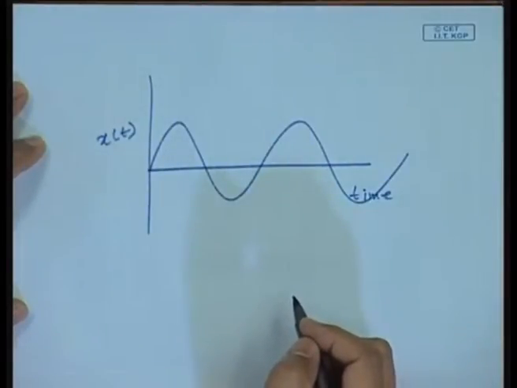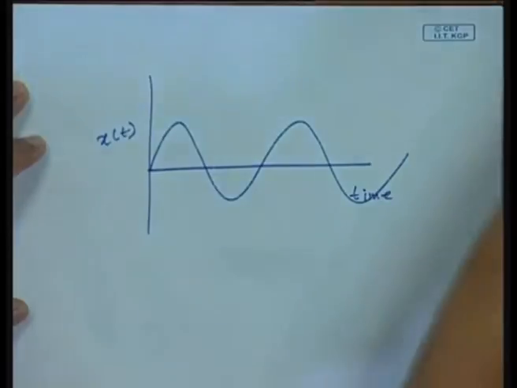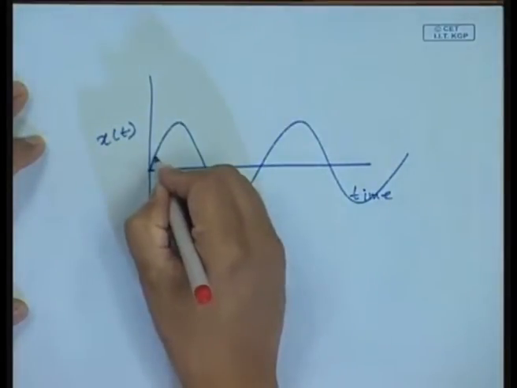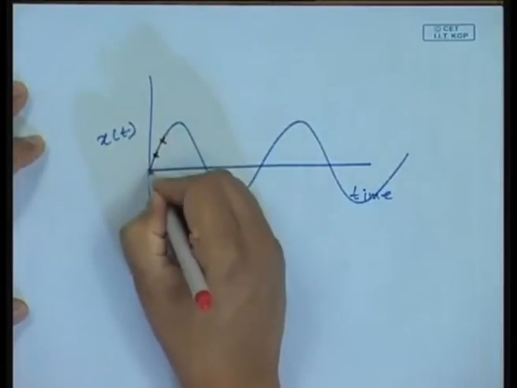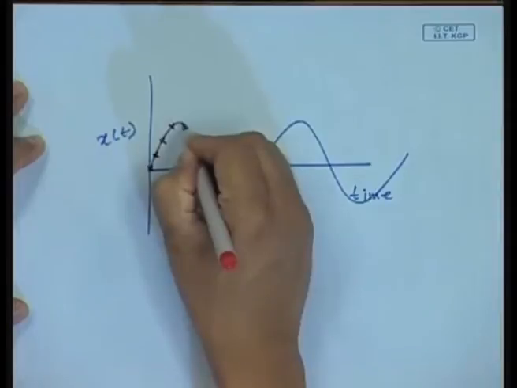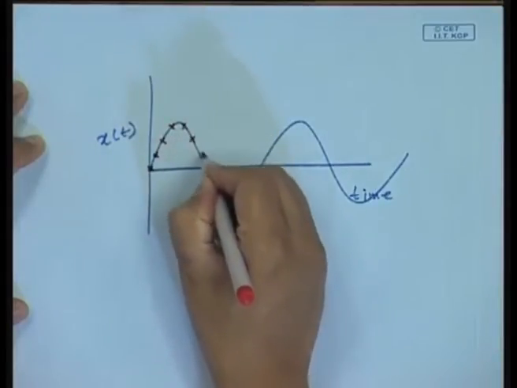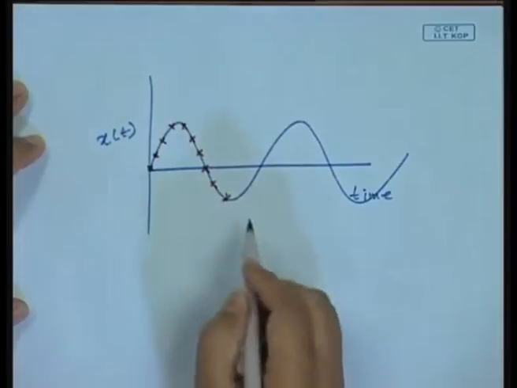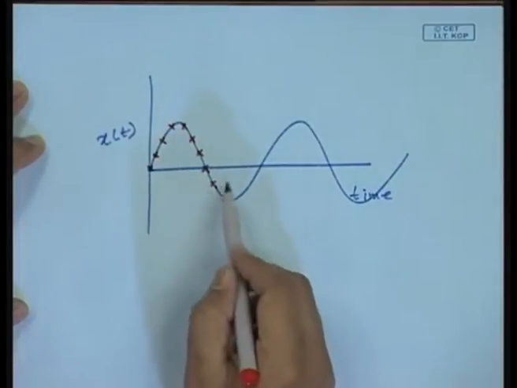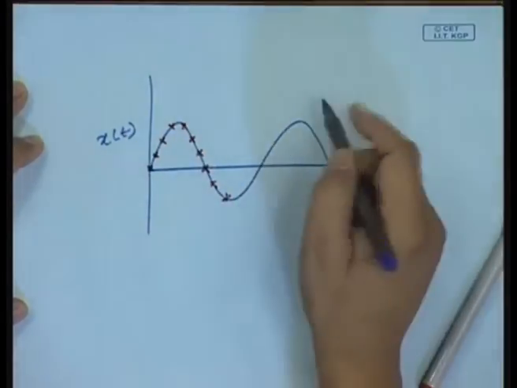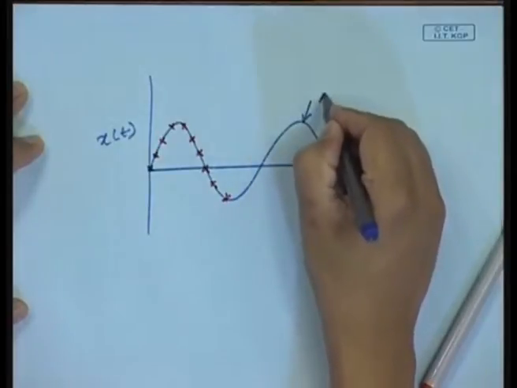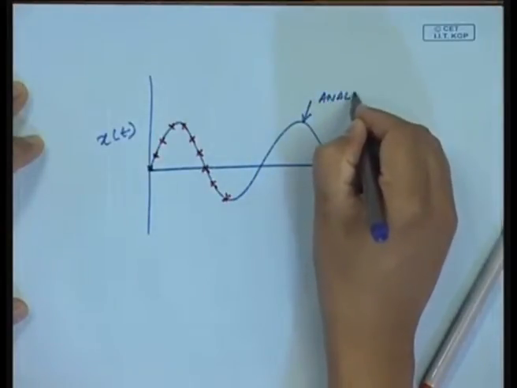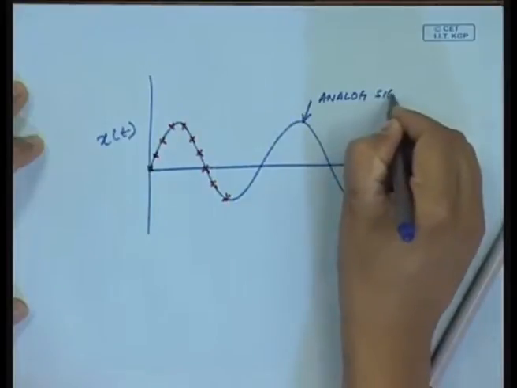The objective is like you plot a graph in Excel, etc. Suppose I sample these points marked in red, and so on. And if I join these red points, I will get back my original analog signal, right.